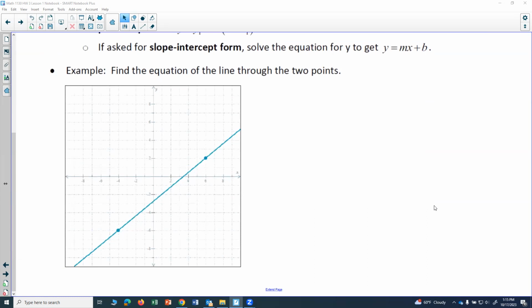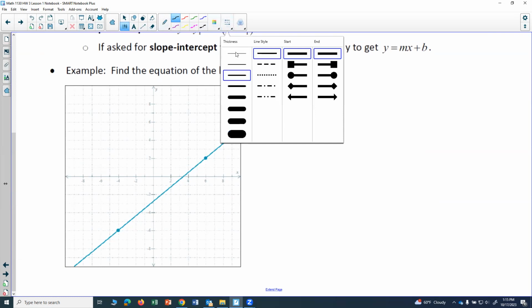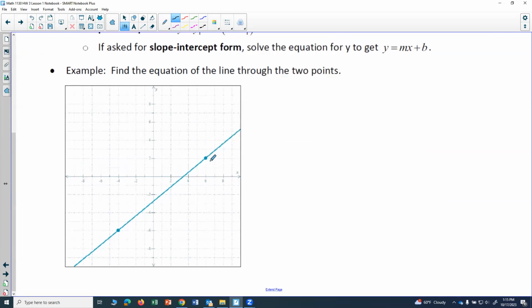So here we have a graph, and the example says find the equation of the line through the 2 points. Okay, so the first thing I want to do is figure out what my 2 points are. So I'm going to look at the x-axis and y-axis. This point right here is (6, 2).